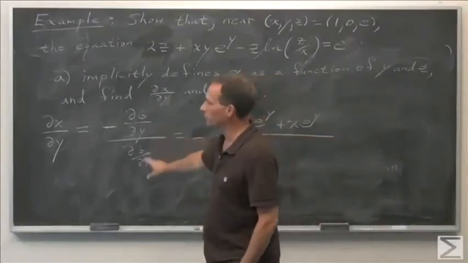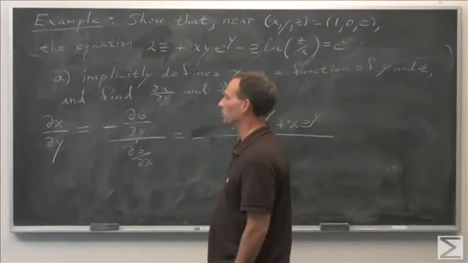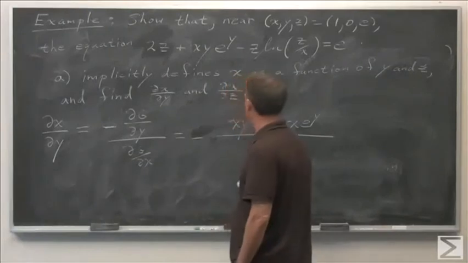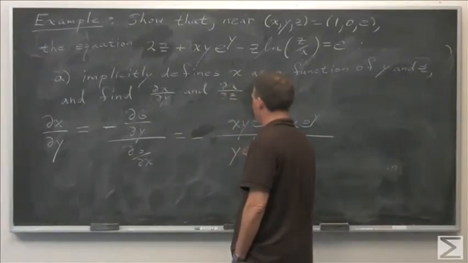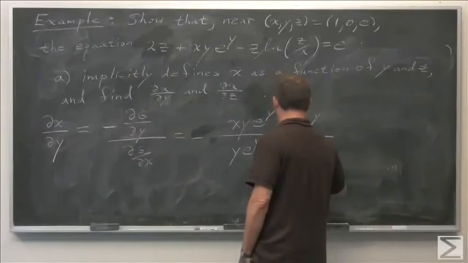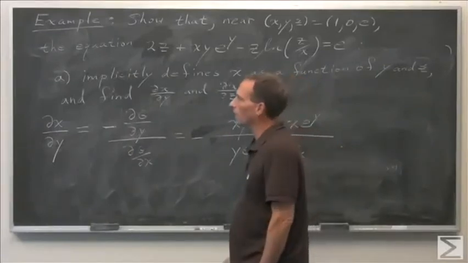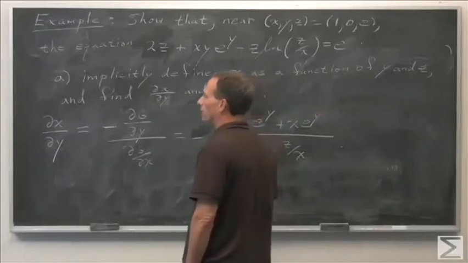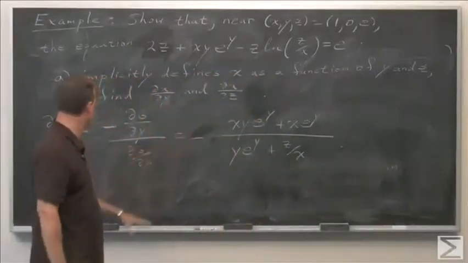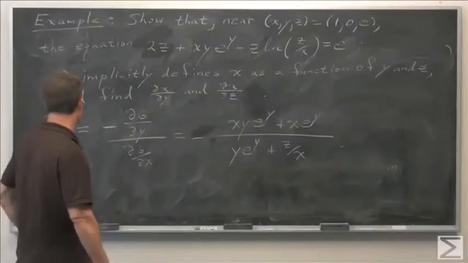So the partial derivative of g with respect to y we found was x times y times e to the y plus x times e to the y. And the partial derivative of g with respect to x was y e to the y plus z over x. Right, y e to the y plus z over x. So you get this for the partial of x with respect to y.